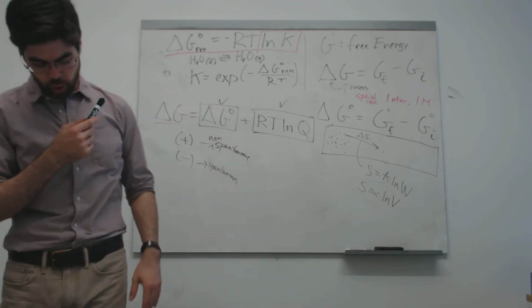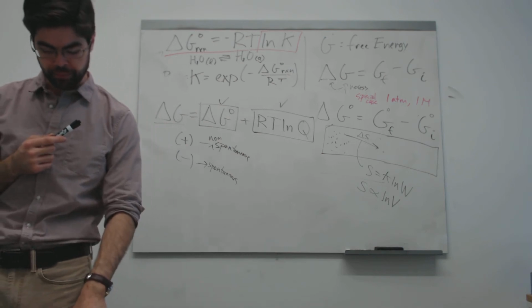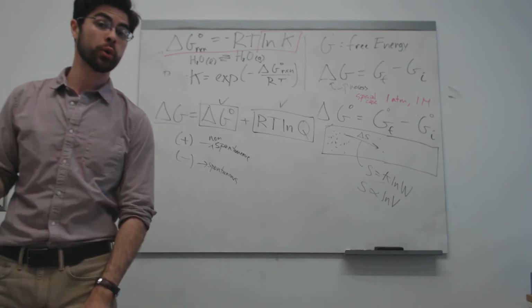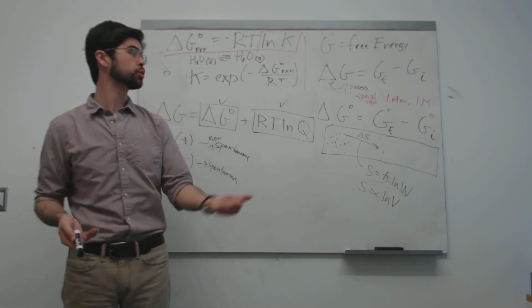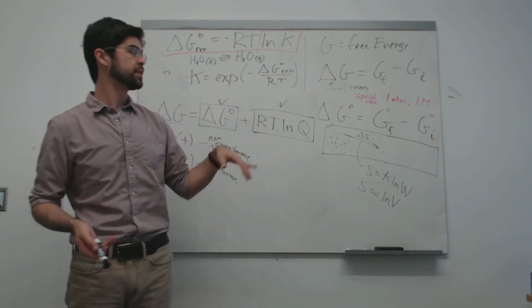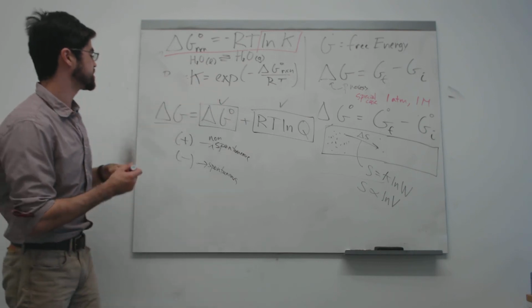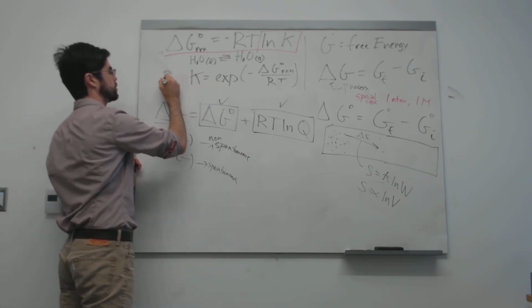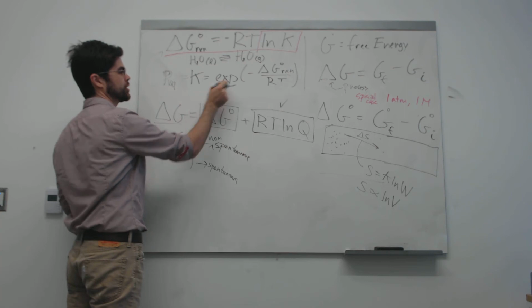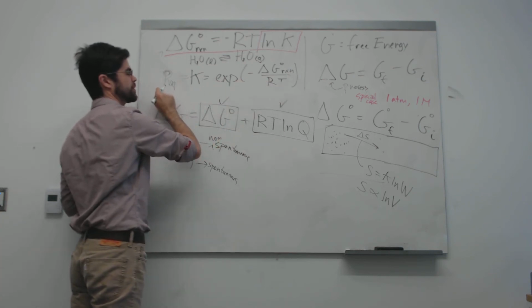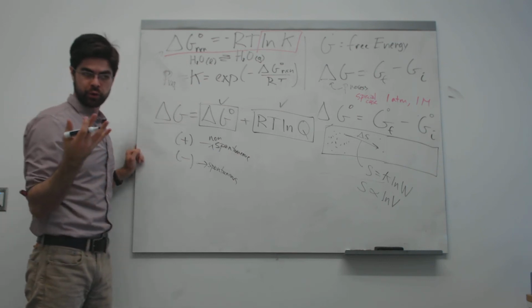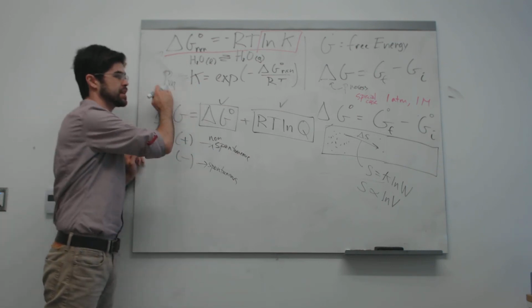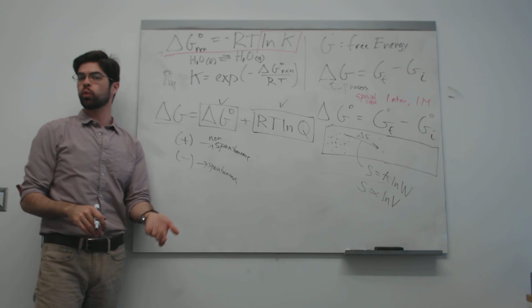Are these equations only applicable to vapor pressure problems? No, they are applicable to any chemical problem where you are concerned with an equilibrium process. This term is not equal to the vapor pressure, it's equal to K. For the specific problem that we were looking at today, K was equal to the vapor pressure, but it won't always be.